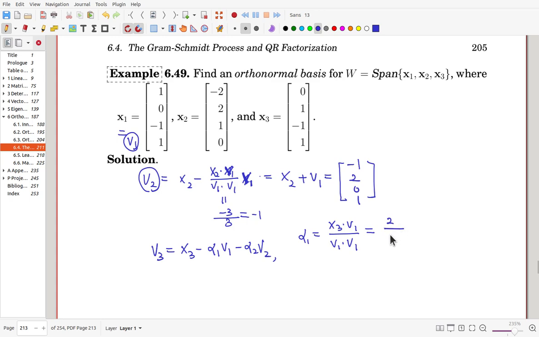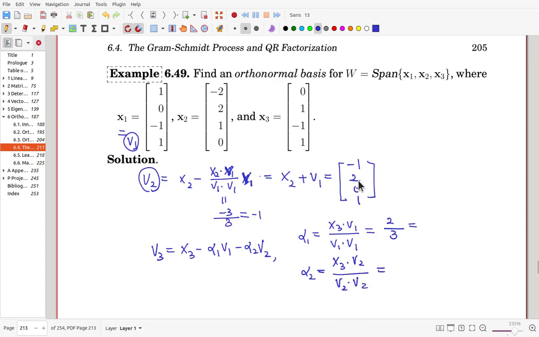And v1 dot v1, we already know that is 3, so alpha 1 is 2 over 3. Okay, now we'll go to alpha 2. That is x3 projected onto v2, not x2. You have to project the vector onto the orthogonal basis vectors. So you cannot use x2 here. It is x3 dot v2 over v2 dot v2.